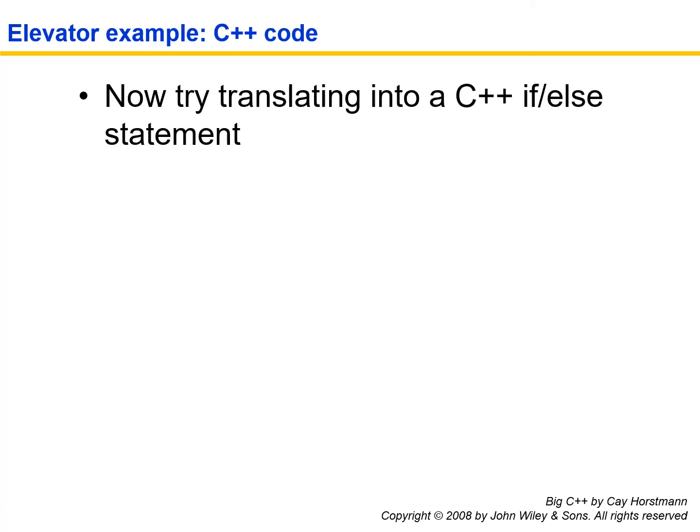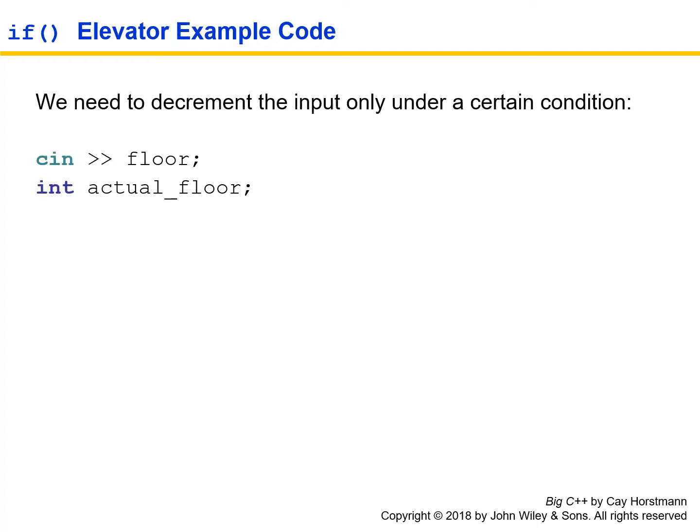So let's try translating this into a C++ if-else statement. We're going to read in the floor and define a variable called actual floor. That's where the elevator is going to go to. If floor is greater than 13, notice we don't put a semicolon after the parentheses.